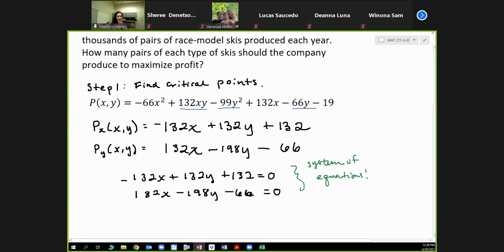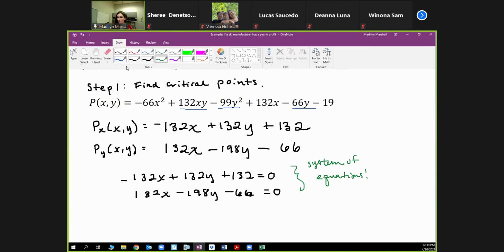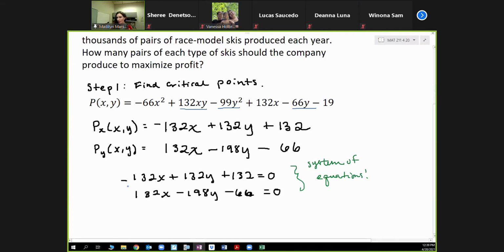I personally am a fan of the elimination method or the addition method, and this system is really good for that. The reason I'm saying that is if we look at x, we have negative 132x and positive 132x here.